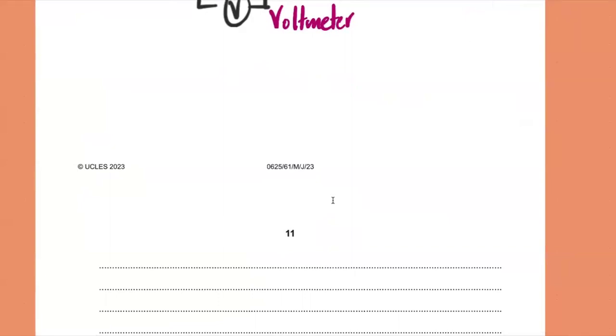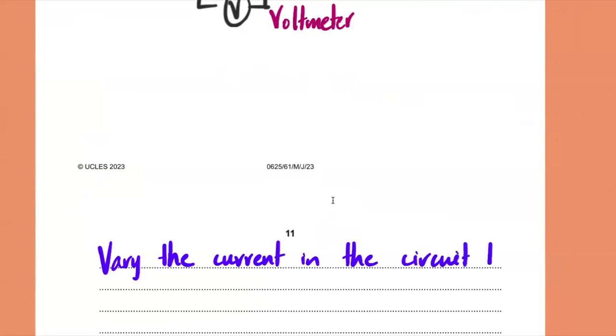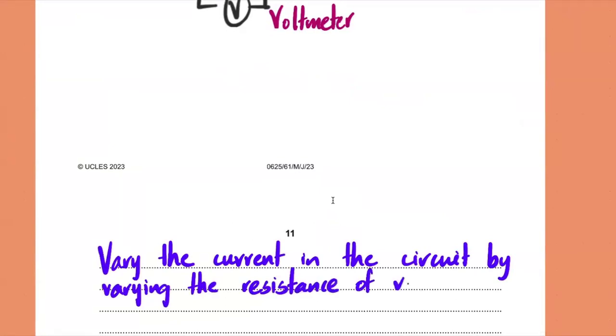So I'll say this, that we will vary the current in the circuit by varying the resistance of the variable resistor. So this is really our independent variable here.